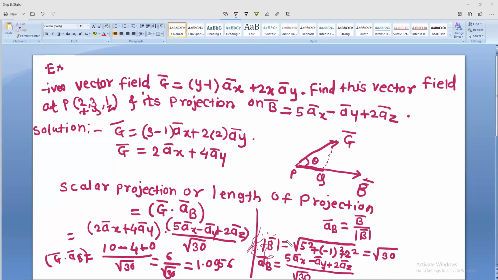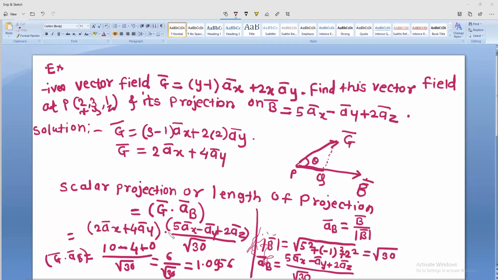So mod of B bar is equal to square root of 5 square plus minus 1 square plus 2 square. So mod of B bar is equal to root 30. Now A bar B is equal to B bar divided by mod of B bar. Now put vector B bar and write down the value of mod of B bar, so that you will get A bar B.